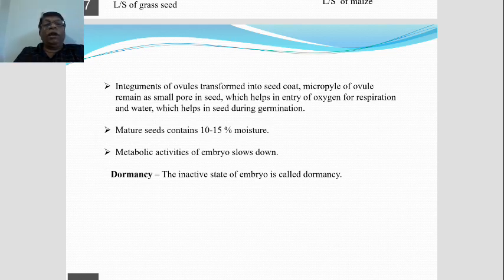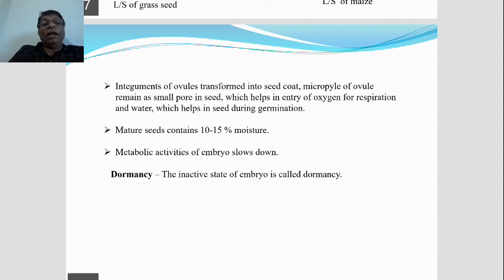Micropyle of ovule remains as a small pore in a seed. ನೀವು ಸೀಡನ್ನ ನೋಡಬೇಕು, ಬೀನ್ ಸೀಡನ್ನು ಸಣ್ಣ ತೂತಿನ ಥರ ಇರುತ್ತೆ, ಓಪನಿಂಗು, ಅದು ಮೈಕ್ರೋಪೈಲು. ವಾಟ್ ಇಸ್ ದ ಫಂಕ್ಷನ್ ಆಫ್ ದಿಸ್ ಮೈಕ್ರೋಪೈಲ್? ಥ್ರೂ ದಿಸ್ ಓಪನಿಂಗ್ ದಿ ಆಕ್ಸಿಜನ್ ಎಂಟರ್ಸ್ and which helps in the respiration of the seed. And also the water enters into the seed, which helps in seed germination.